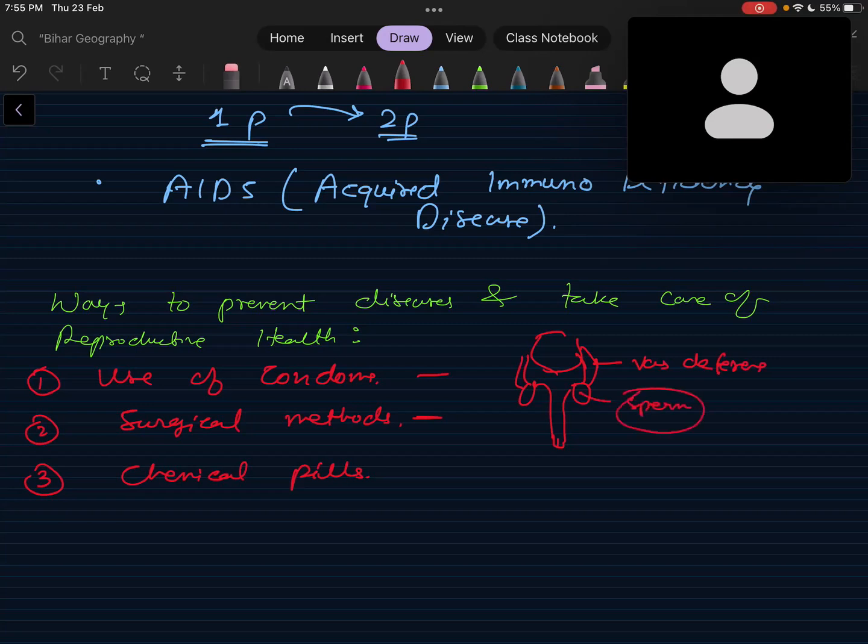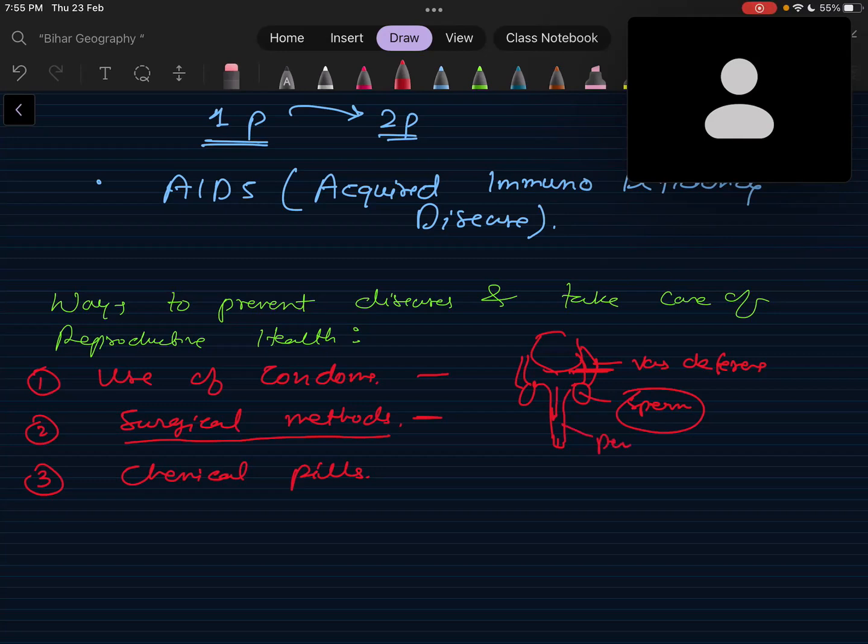So in the surgical method, in the case of a male, the vas deferens is cut into two halves and sealed. Although sperm production is going on, the sperm is being produced, but it will not reach the penis.